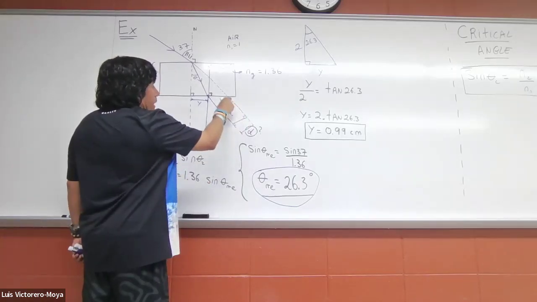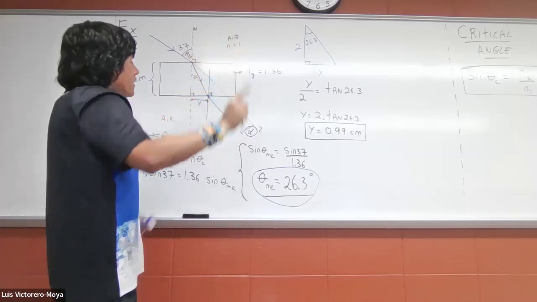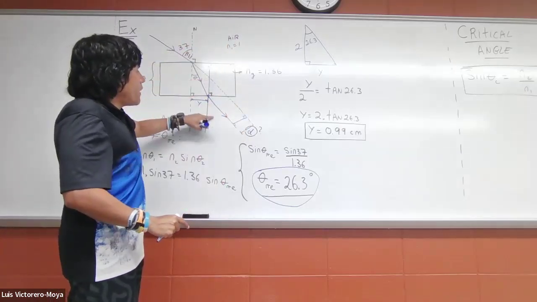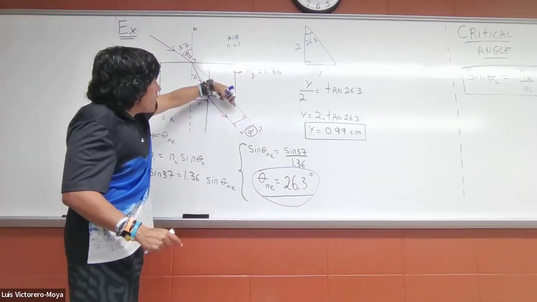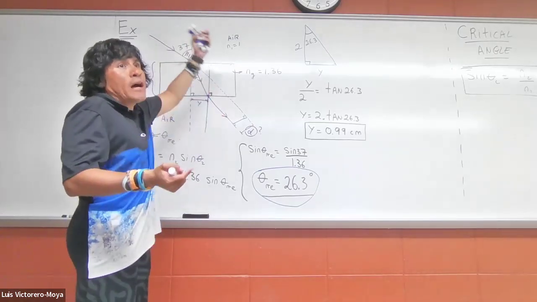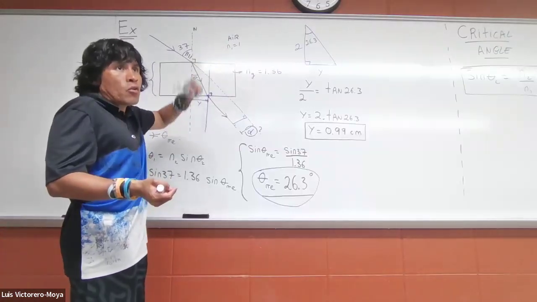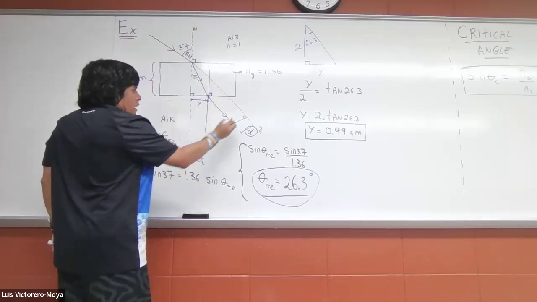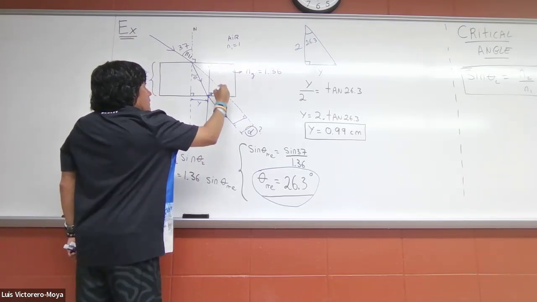This line can be placed anywhere because these are parallel lines. How do I know they are parallel? Because from air to glass to air, the angle here will be parallel to the angle of incidence because you're going back to air. So these lines are parallel. Therefore, this distance can be drawn here.